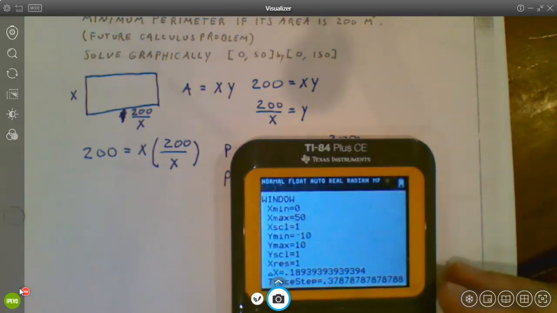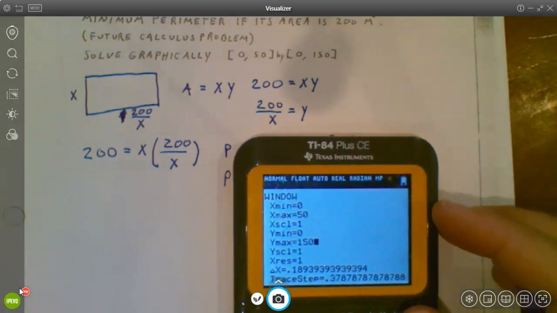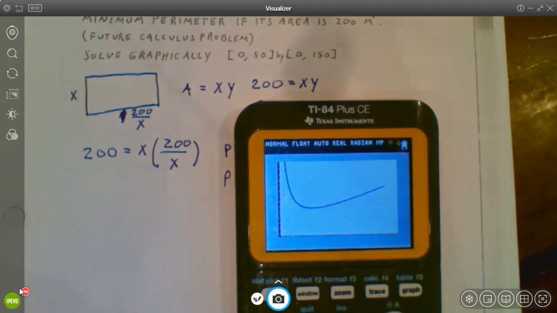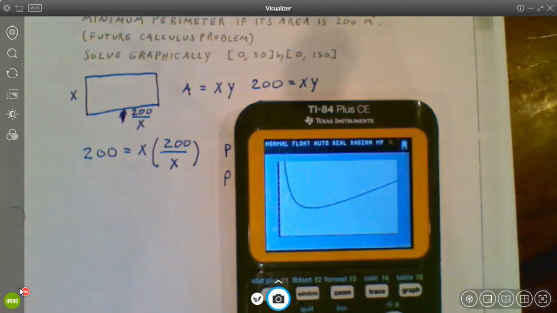And on my y's, let's go from 0 to 150. And that's where we're going to graph it from. Remember, the idea is I should be looking at a curve with an obvious minimum point, right? And so that's why I ended up with the window that I have now. I kept playing with the numbers until I could see, oh yeah, there's my minimum point right there within that graph. So how do we find it?